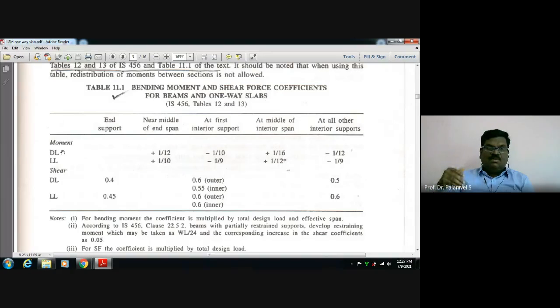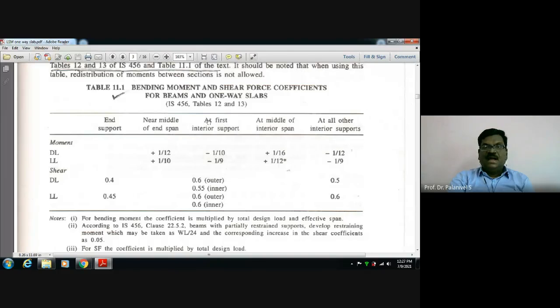Then we have to compute the bending moment considering dead load separately and live load separately. But in the majority of cases, we take them together. The live load will be added with the dead load and treated as dead load only. So obviously you have to take this coefficient plus 1 by 12.